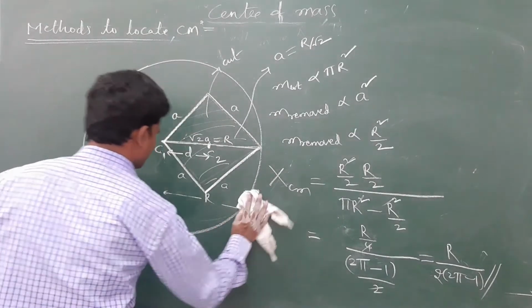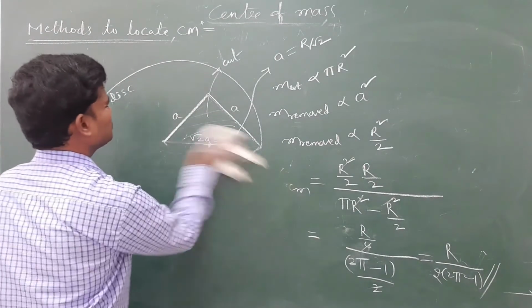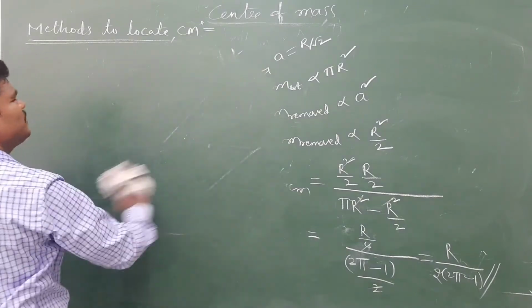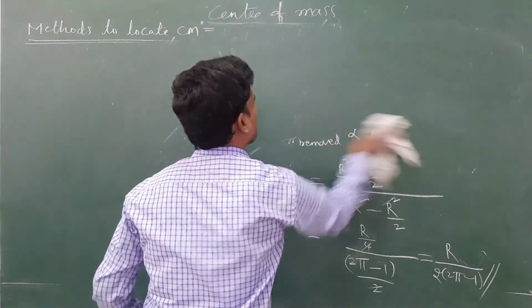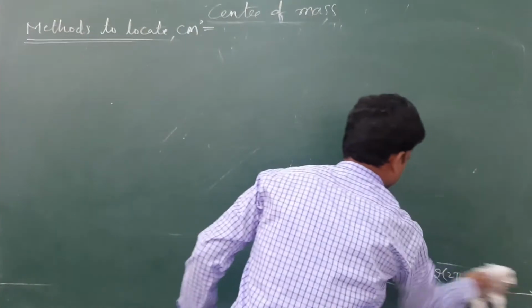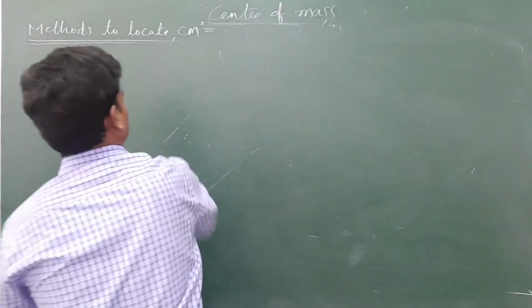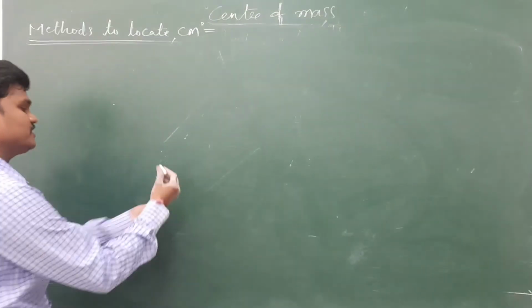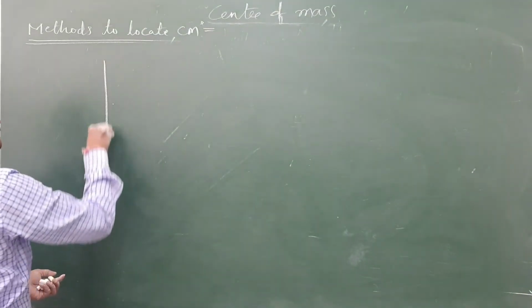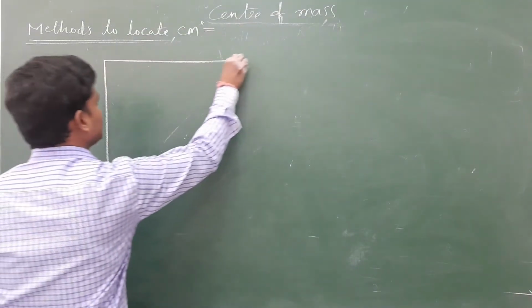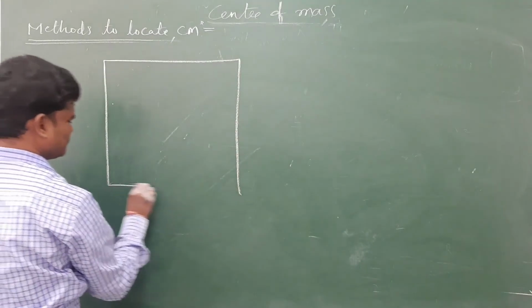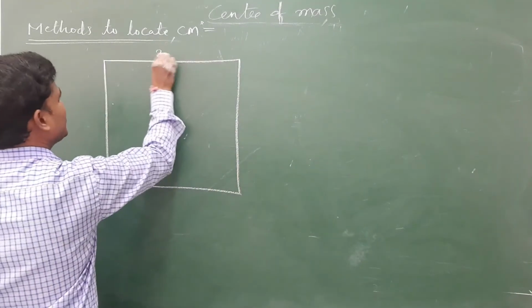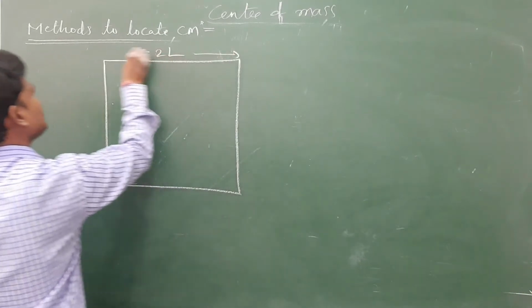Now see the next step. They given a square plate. From a square plate whose side is given, let us suppose, this is the square plate whose side they given 2L.